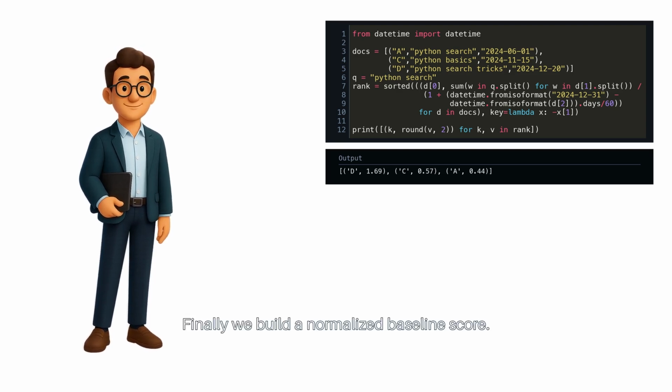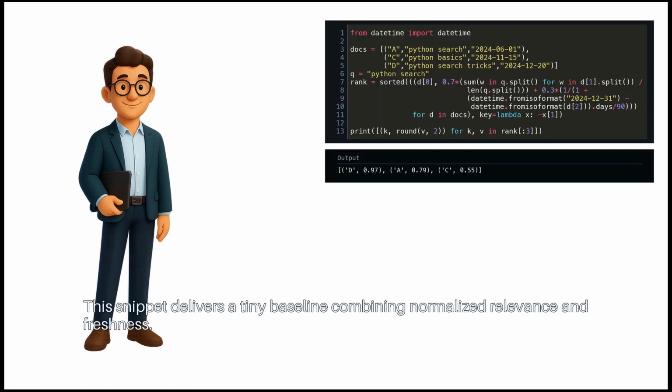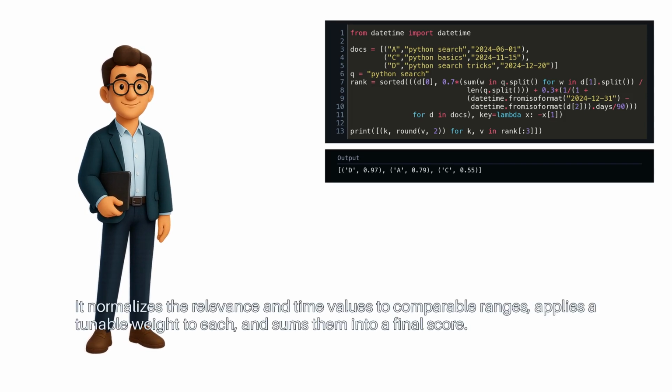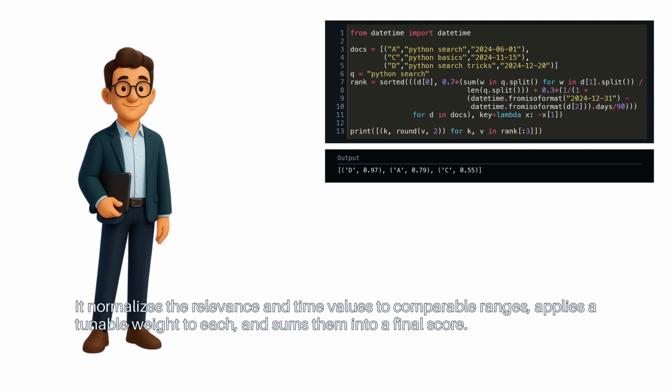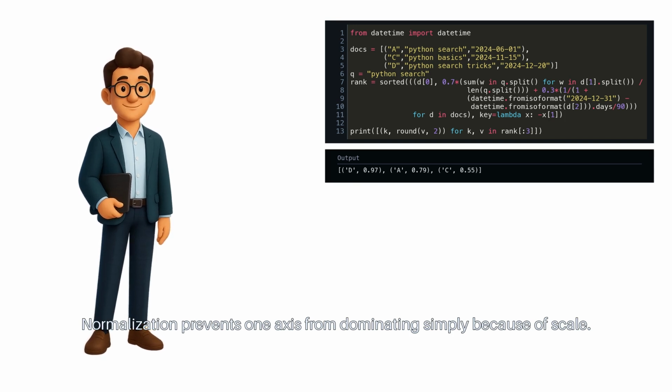Finally, we build a normalized baseline score. This snippet delivers a tiny baseline combining normalized relevance and freshness. It normalizes the relevance and time values to comparable ranges, applies a tunable weight to each, and sums them into a final score. Normalization prevents one axis from dominating simply because of scale.